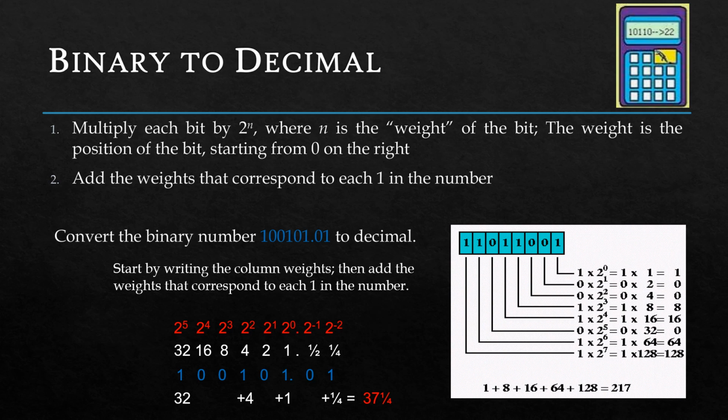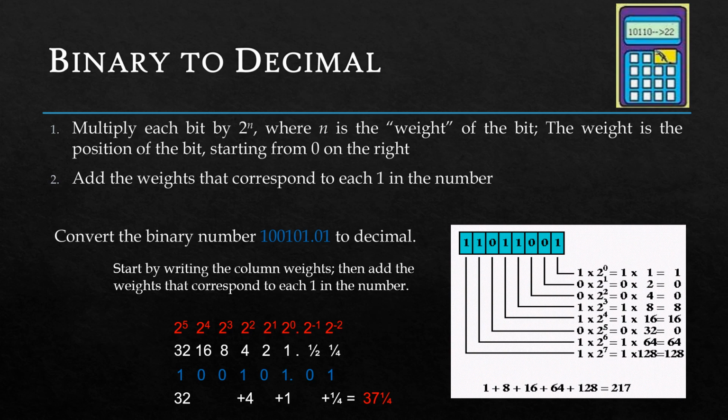So 1 into 2 power 0 plus 0 into 2 power 1 plus 0 into 2 power 2 plus 1 into 2 power 3 plus 1 into 2 power 4 plus 0 into 2 power 5 plus 1 into 2 power 6 plus 1 into 2 power 7, which gives the corresponding decimal number. We get the value 217. We add only the positions having 1 in the given binary number.